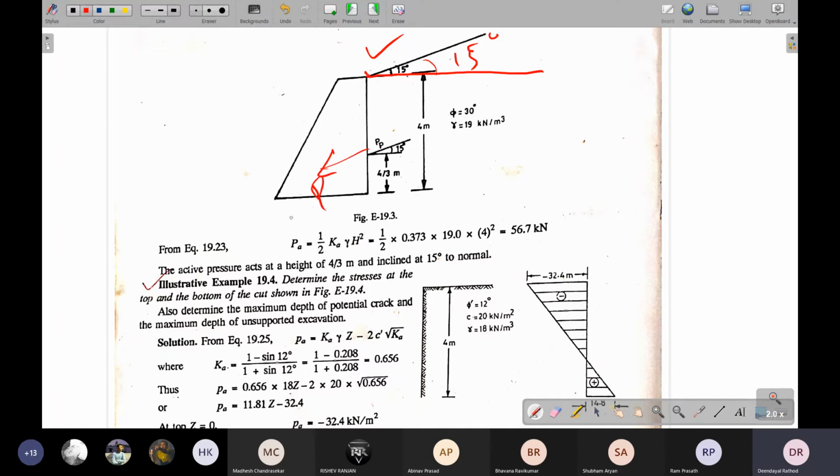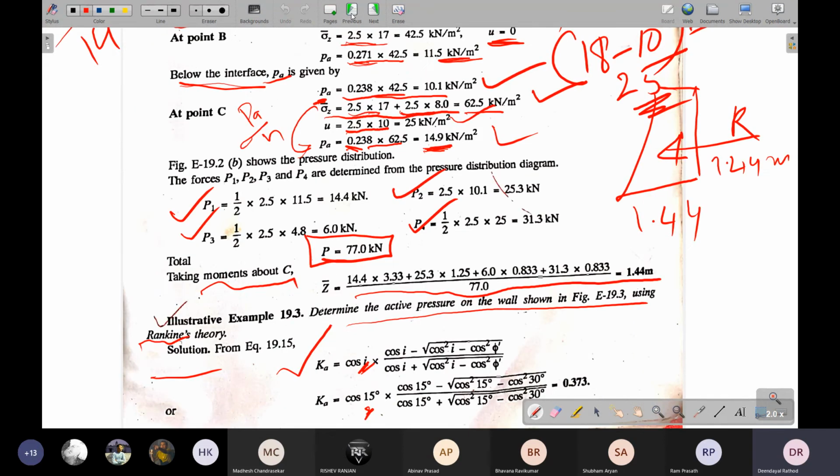We know these formulas, we have derived it: half into gamma h square into Ka. How do we find out the Ka? We'll find out the Ka from this formula, which depends on the phi and the i value.